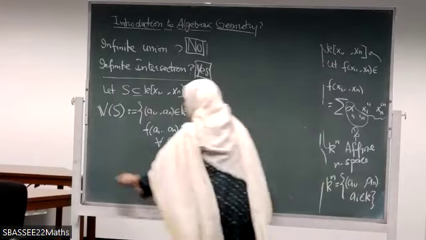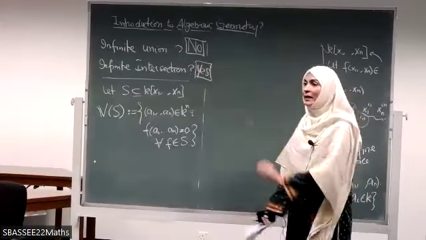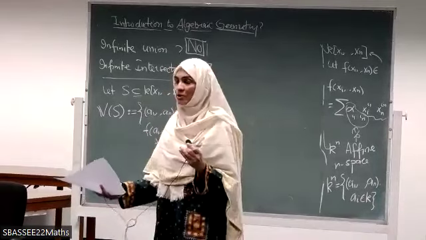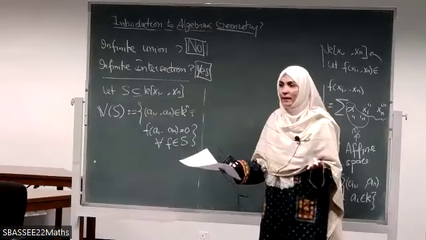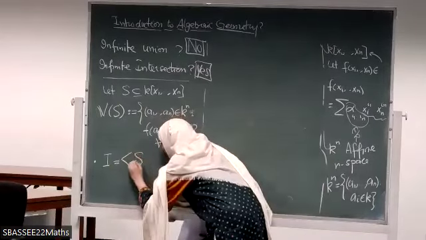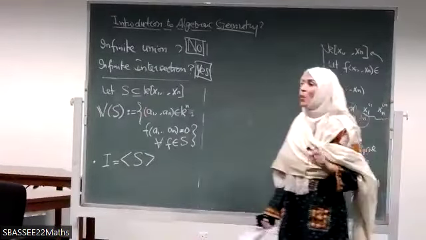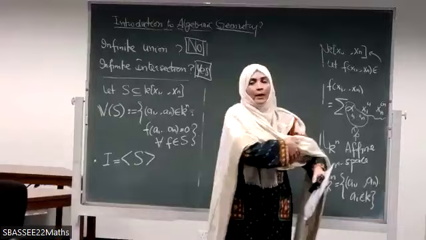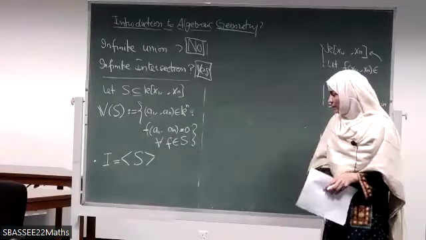One more thing you can see is that on S we don't have any algebraic structure. S does not contain any algebraic structure, but we know that we can put an algebraic structure on it, and we can extend that idea. We can consider the ideal generated by S. This is the smallest ideal which contains S. S does not necessarily have to be an ideal, but here we are considering the ideal which contains S, the smallest one.